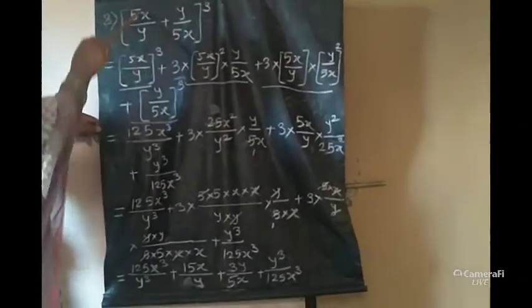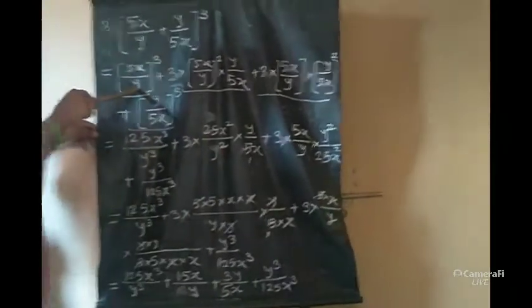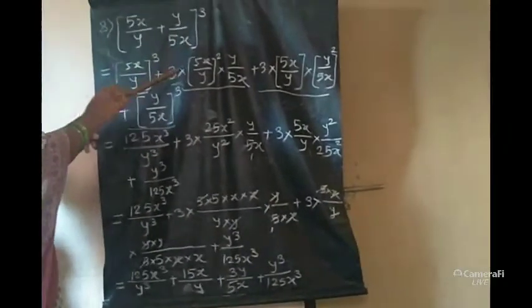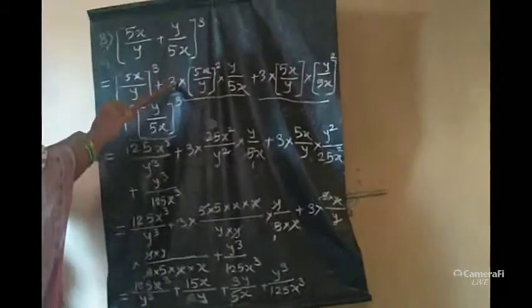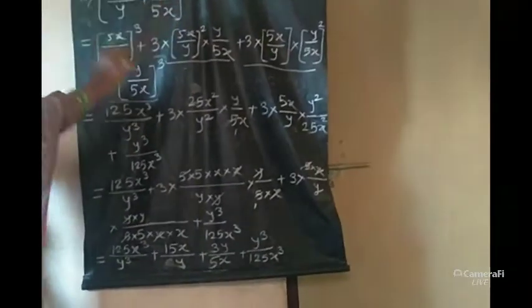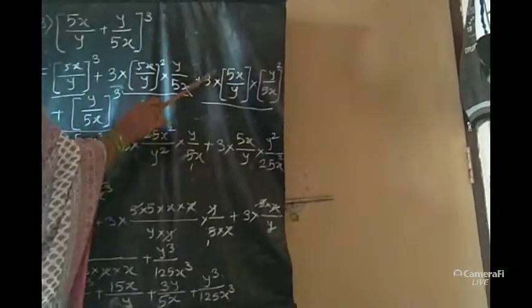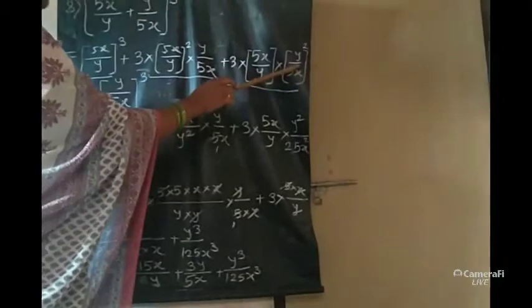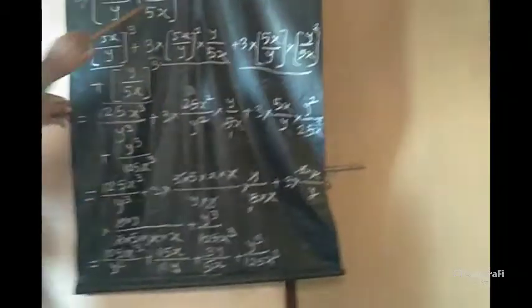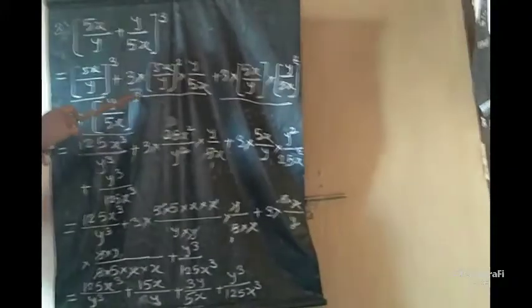First is a³. The value of a is 5x/y. Therefore the first term is (5x/y)³, plus 3a²b, that is 3 into (value of a)² into b, plus 3ab², 3 into the value of a into the value of b², plus b³, the value of b cubed.